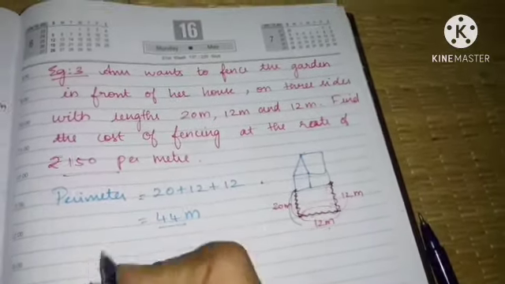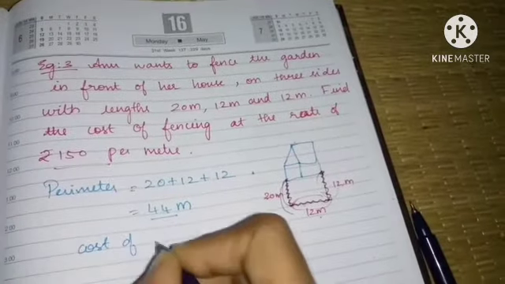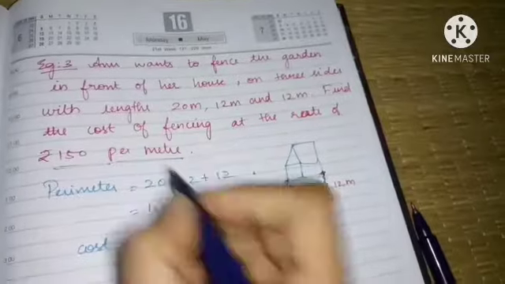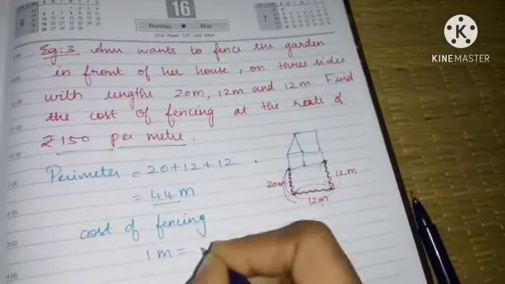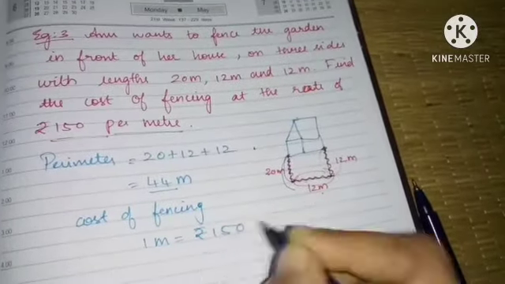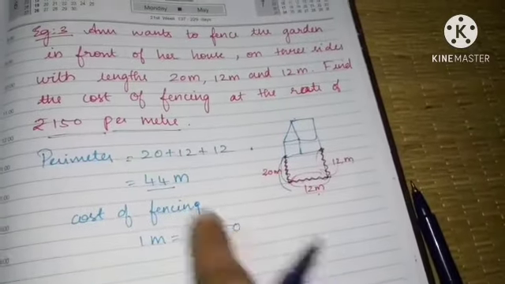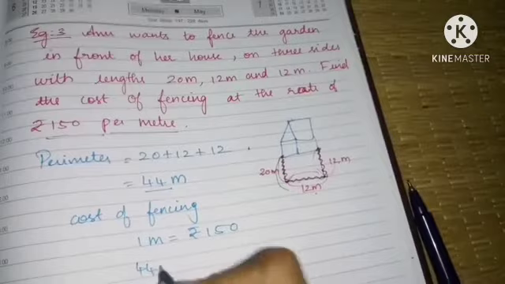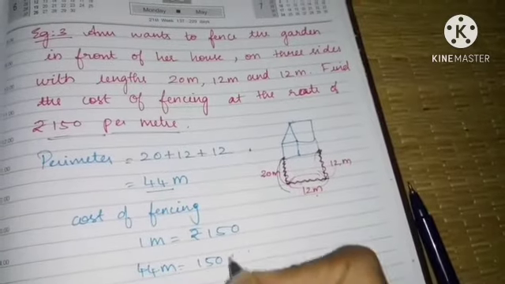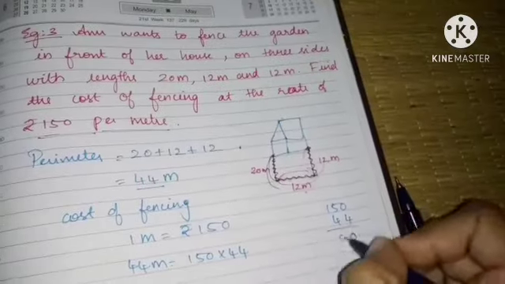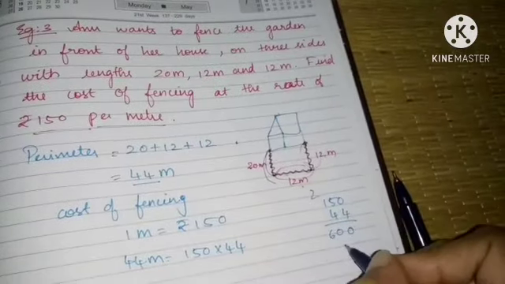So what is the cost of fencing now? The cost of fencing per meter is 150 rupees, which means for 1 meter rupees 150. Per meter means 1 meter. So for 44 meter, 150 into 44. 0, 5 4s are 20, 6.